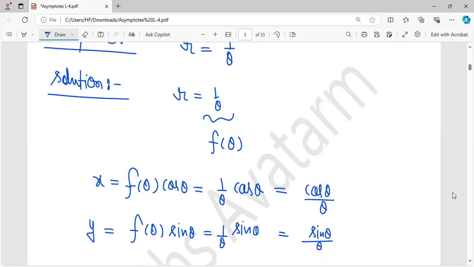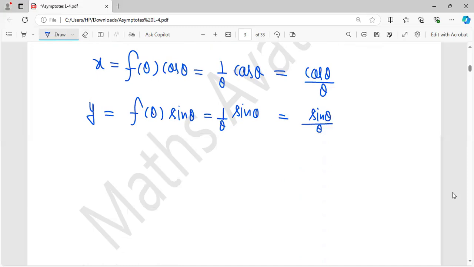Now where can be the problem for x and y? Theta equal to 0 is the only possibility where an asymptote may exist. So you see that this is my phi theta and this is my xi theta.